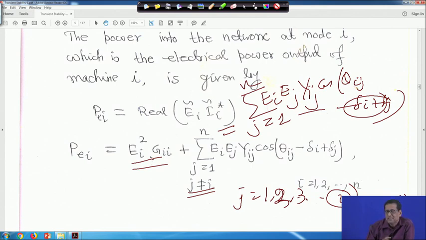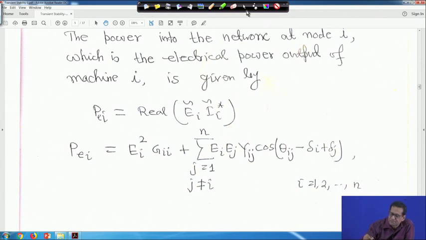So basically Ei square Gii, that is why it is written like this. So Pi is equal to Ei square Gii plus sigma j is equal to 1 to n, j not equal to i, Ei Ej Yij cosine of theta ij minus delta i plus delta j, for i is equal to 1 to n.